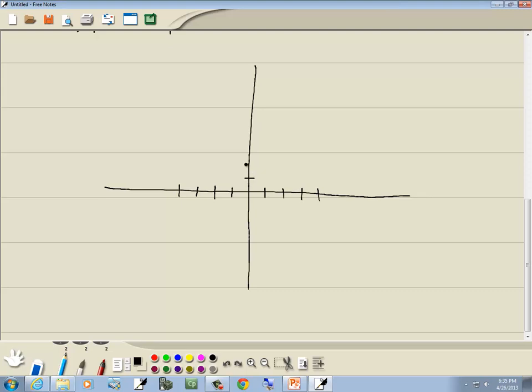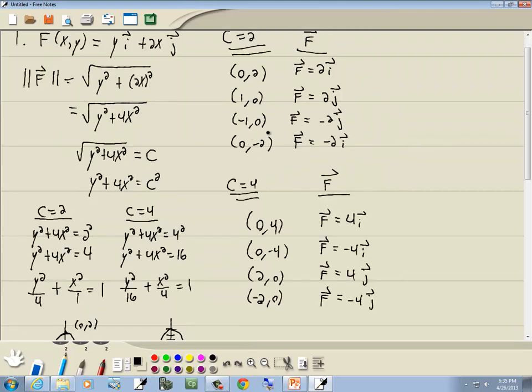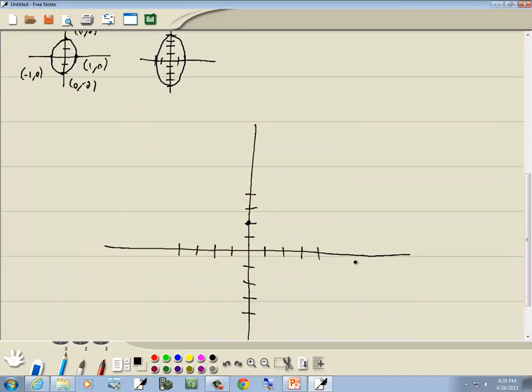And then 1, 2, 3, 4. 1, 2, 3, 4. 0, 2 would be right there. And that particular one is 2i. So it's going to go 2 to the right. So it'd look like that.